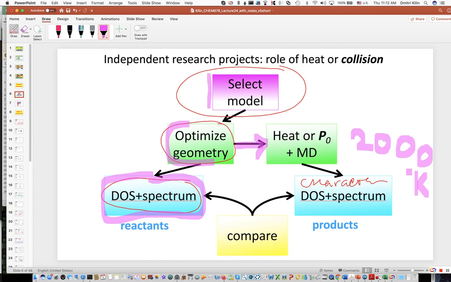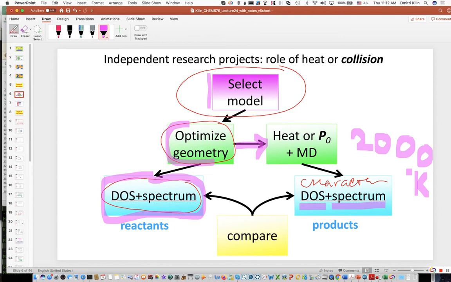And then at the last step of the dynamics, one can use the geometry of the last step, rerun a single point, and then look at how density of states and spectrum changed upon this thermal motion.